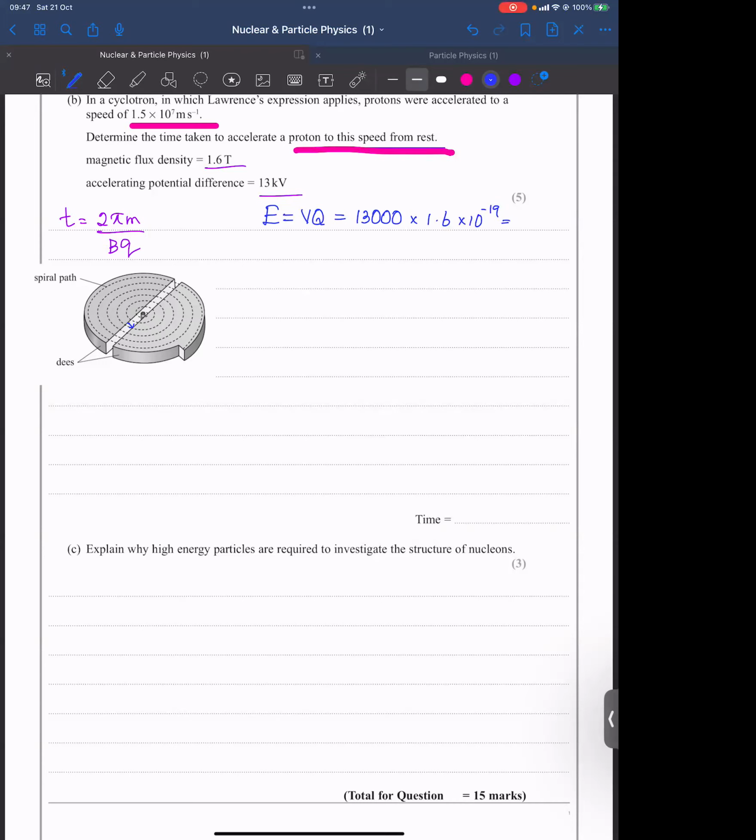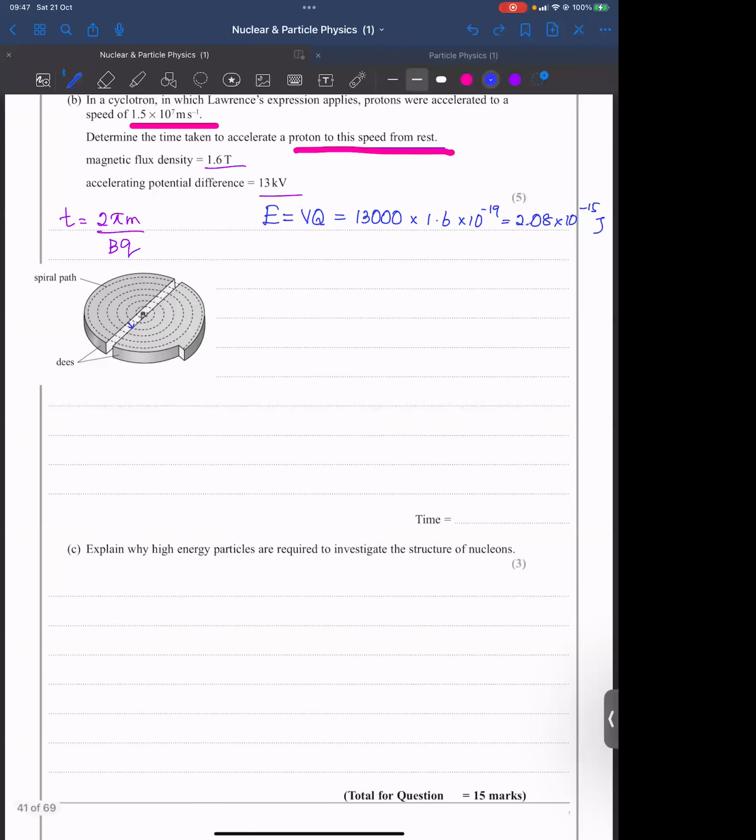So the energy it will be gaining in one acceleration is 13,000 into 1.6 into 10 to the power minus 19, which is 2.08 into 10 to the power minus 15 joules. When it is crossing once through the D's, this is the energy it will be gaining.